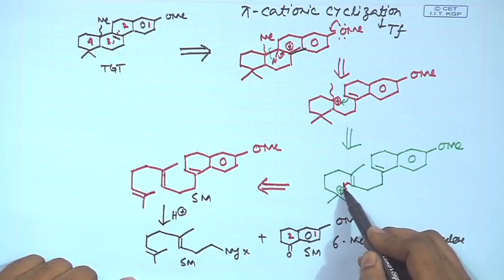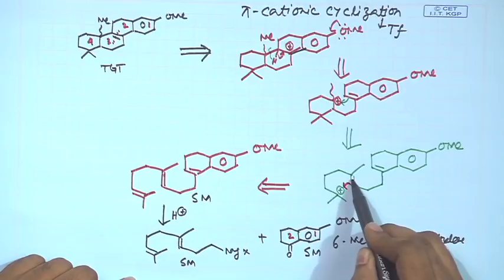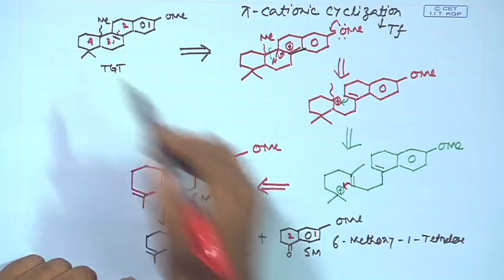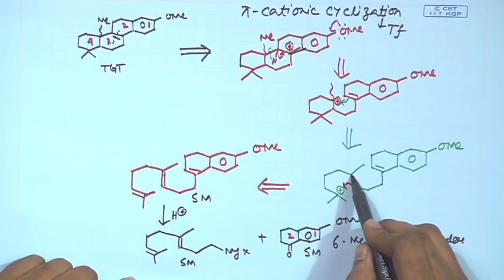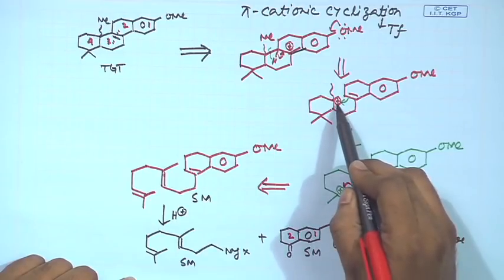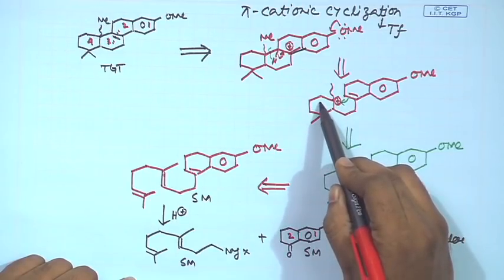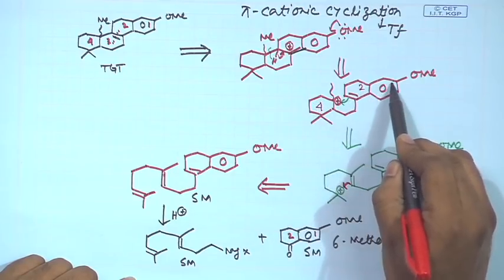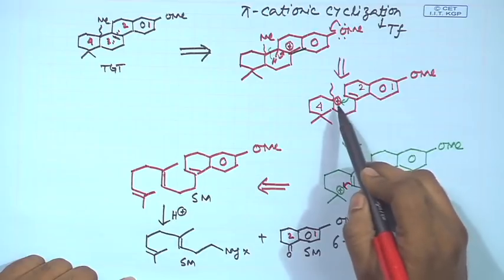Then this pi olefinic unsaturation will try to react in this way to give you ring 4, this one, and you have a newly generated carbonium ion, which is again a 3 degree. So, ring 4 was already formed, this is ring 2, this is ring 1.